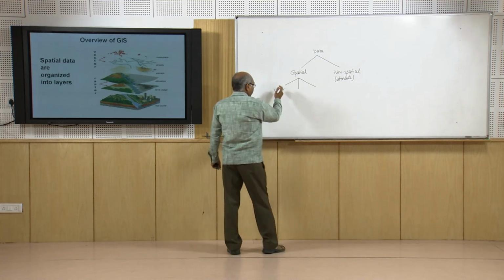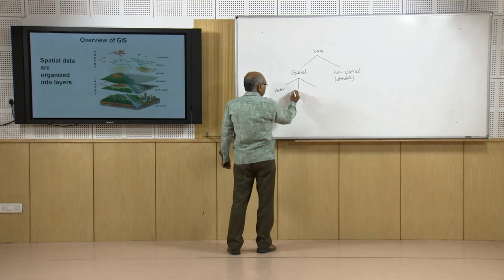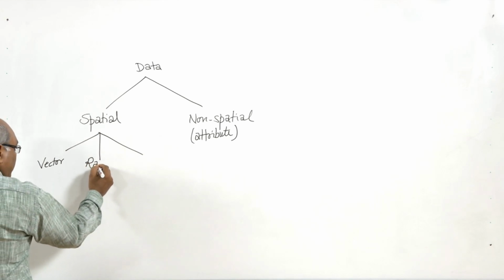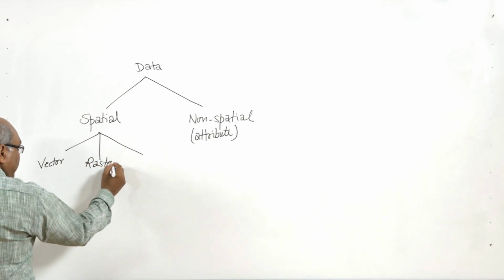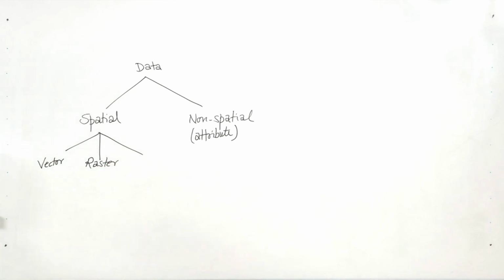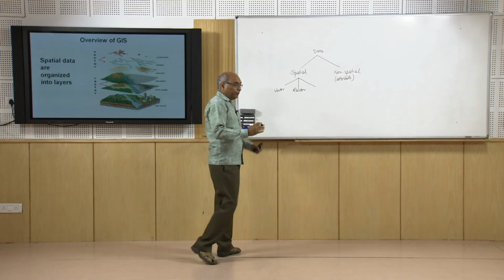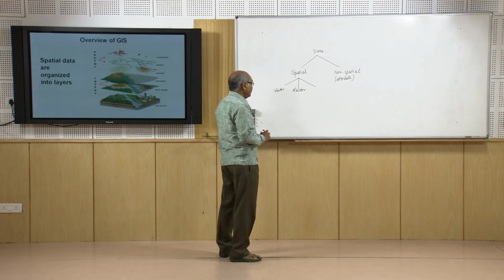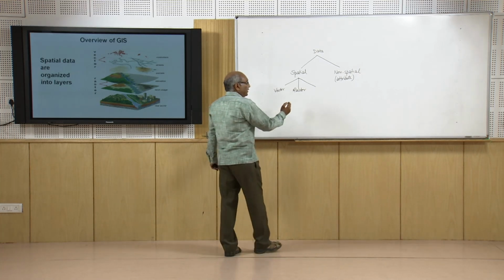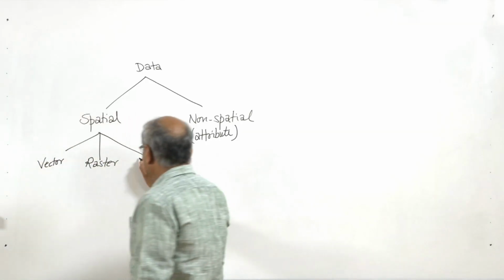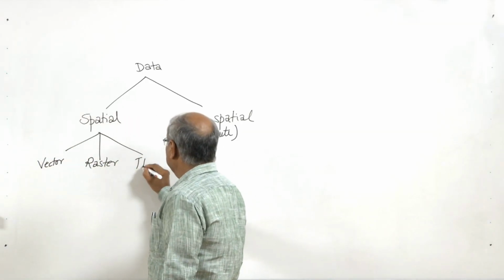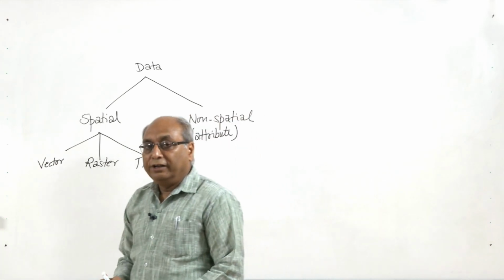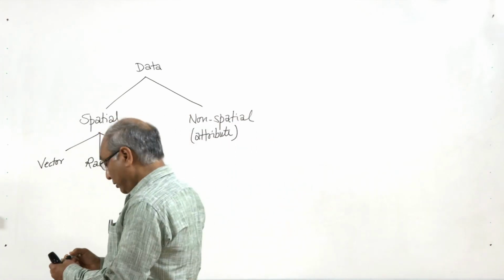We will see different types of vectors as the main topic of today, and then raster; maybe in later lectures we will discuss different types of rasters, differences between vector and raster, and advantages of raster and vector. The third one is an altogether different type of data structure, which is called TIN, Triangulated Irregular Network.